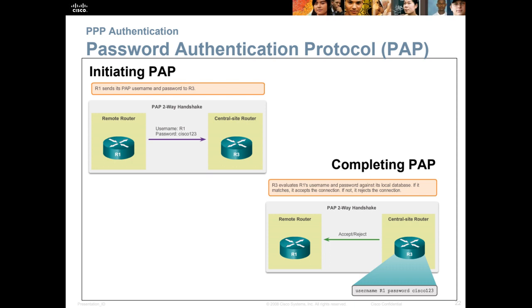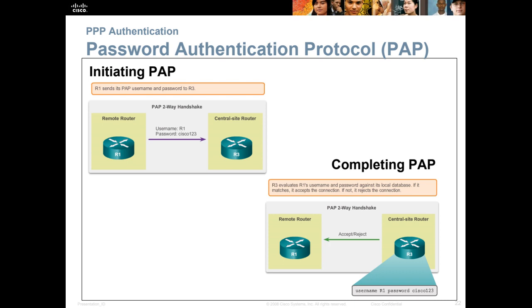Initiating PAP. This is also just description how it is working. R1 sends its PAP username and password to R3. R3 evaluates R1 username and password against its local database. If it matches, okay, you are good.